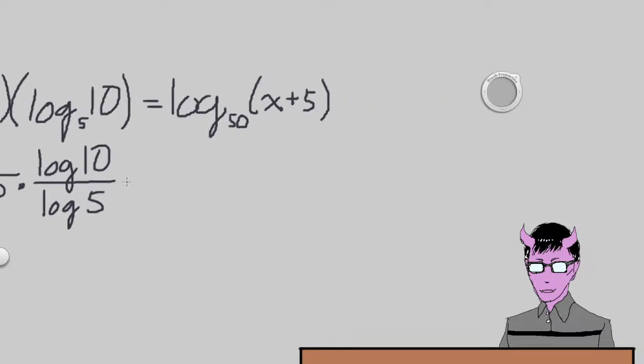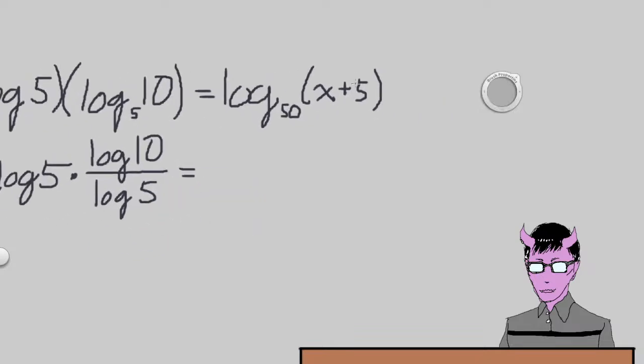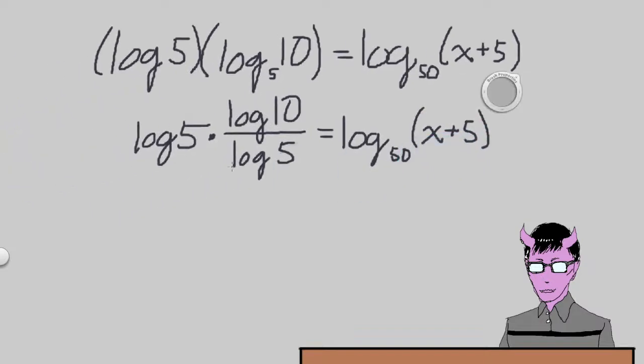And then this side, we can just leave it as is for now. We could always change it later, right? So that's what we have. We can see that log base 10 of 5 cancels with log base 10 of 5, leaving us with just log base 10 of 10. Hey, in fact, isn't that just 1? Perfect.